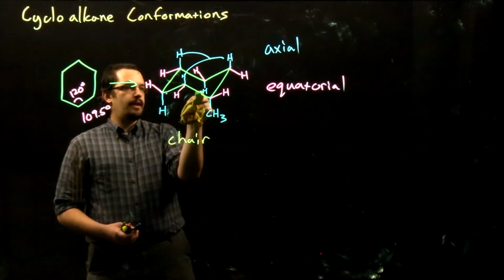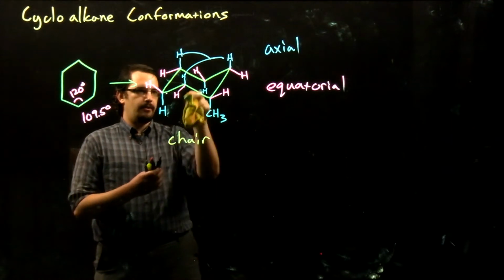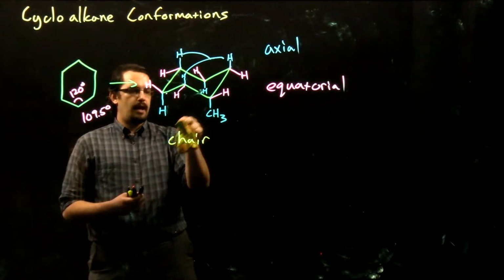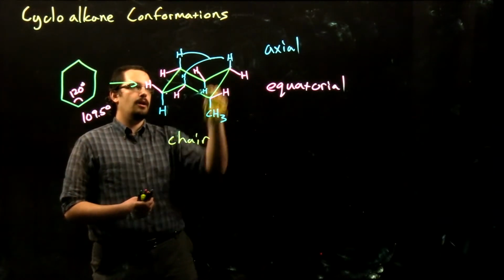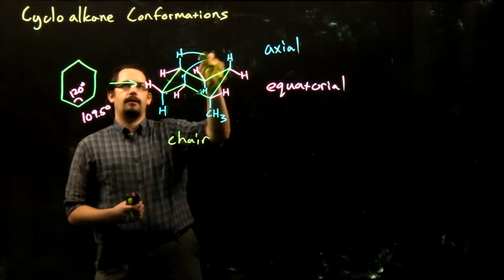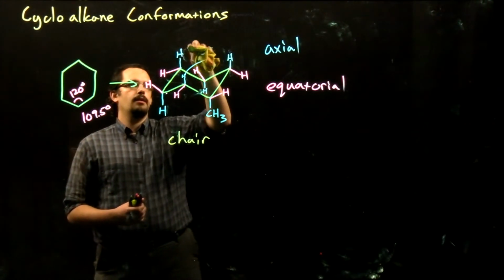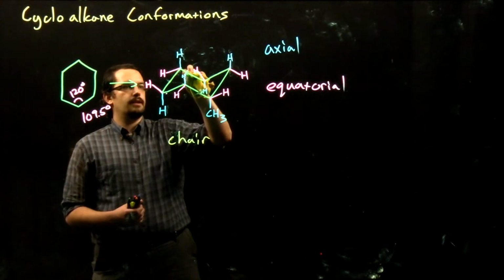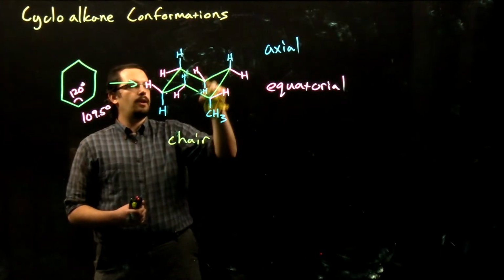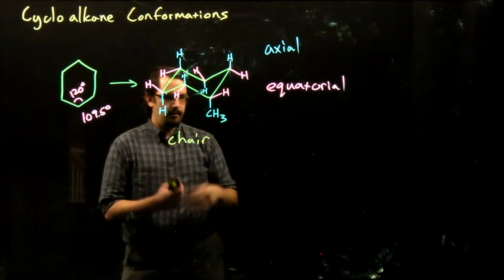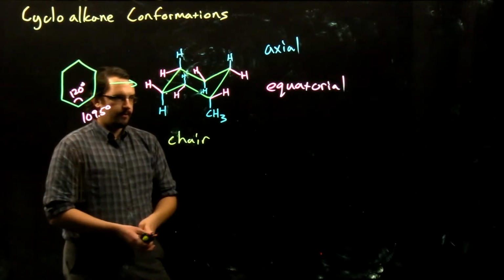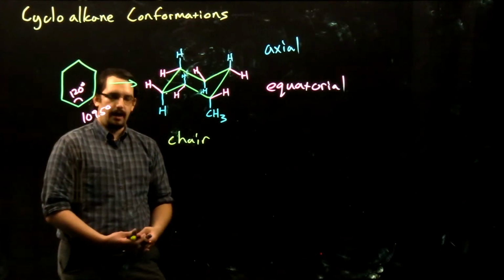So if we don't want that methyl group axial, what other option do we have, right? We already know that we don't like our boat conformation because the boat conformation is eclipsed. So what other possibility do we have besides having that methyl group in that unstable axial position?